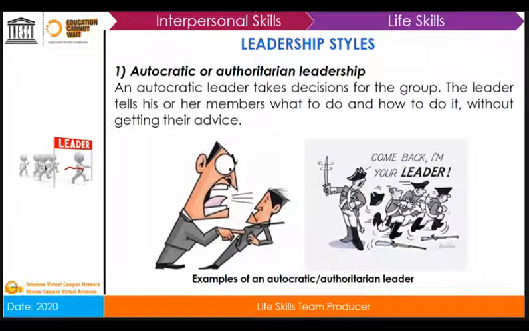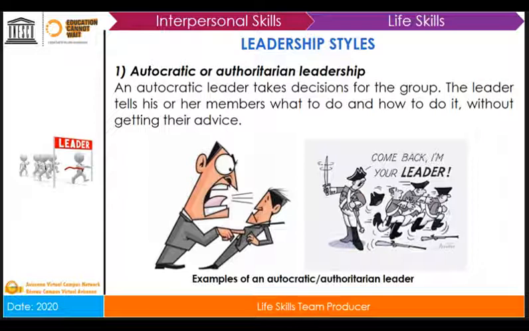In the autocratic leadership style, one person, whom in this case we call the leader, takes all the decisions for the group.